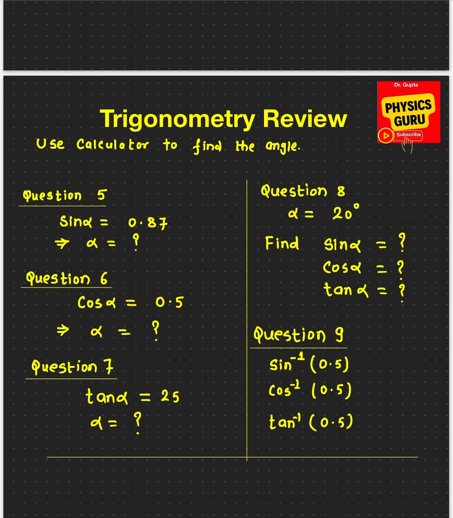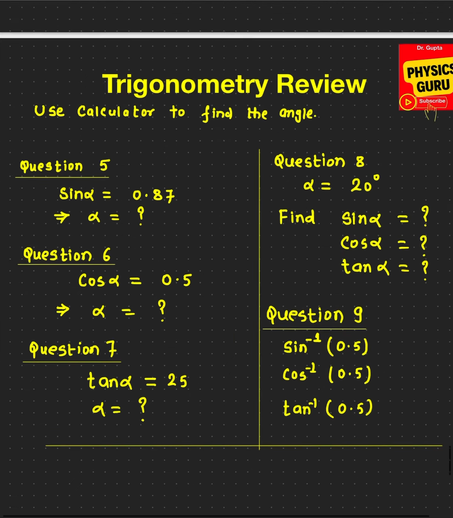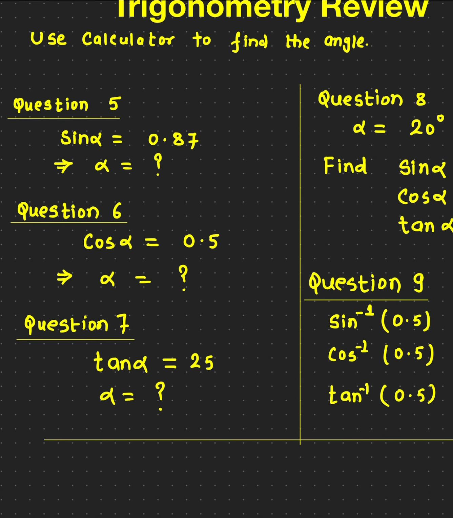Here we're going to use the calculator to find this value. The sine of alpha is 0.87. How are you going to find the value of alpha? If sine alpha is given as 0.87 and you're going to solve for alpha, you have to take the inverse function.